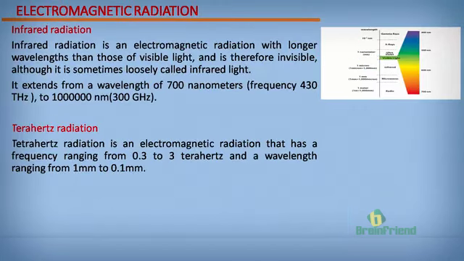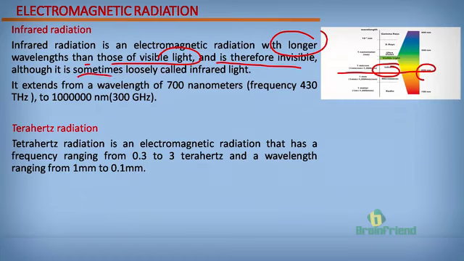Infrared radiation. Infrared radiation is an electromagnetic radiation with longer wavelength. You can see infrared here. It has a longer wavelength than the rest of the electromagnetic radiations, longer than those of visible light, and is therefore invisible, although it is sometimes loosely called infrared light.